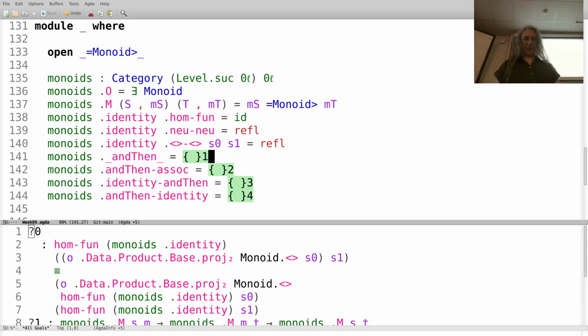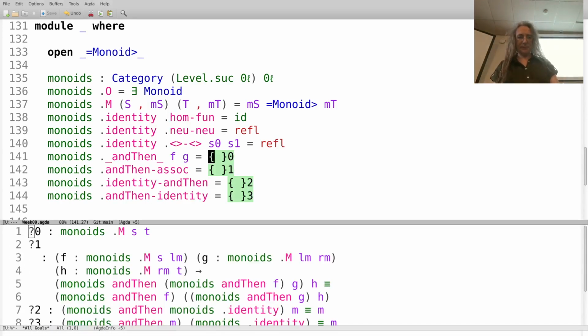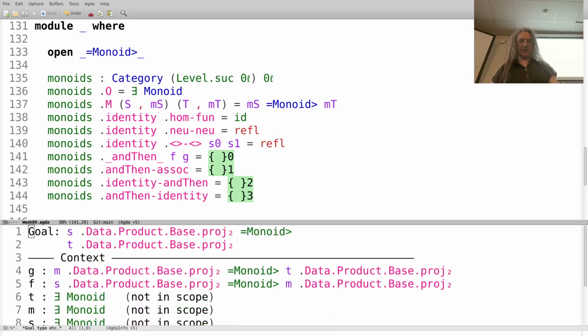Now let's see how we get on with this thing. Here, somebody's going to give us an F and a G, and then they're going to ask me for a monoid homomorphism.